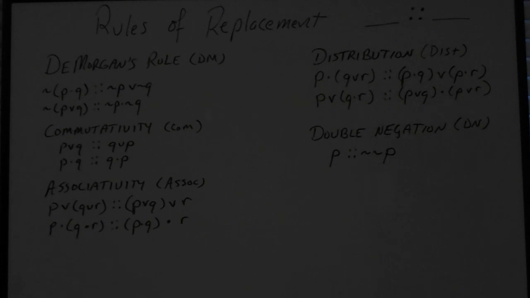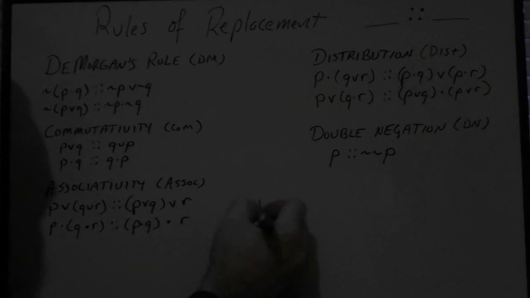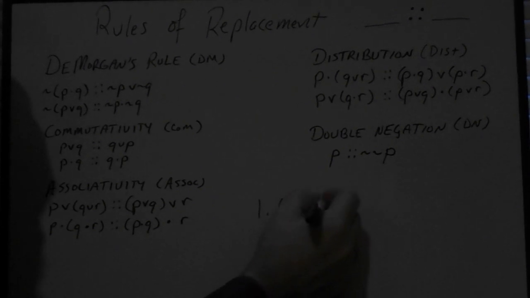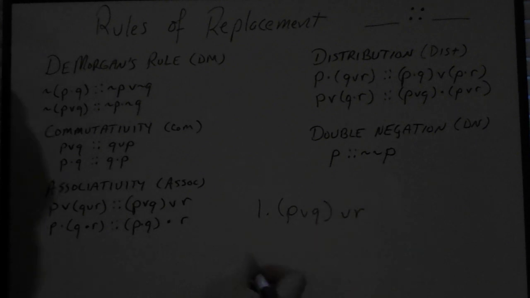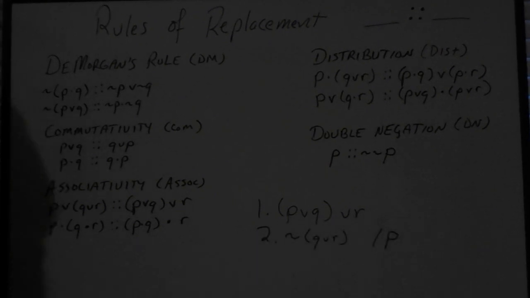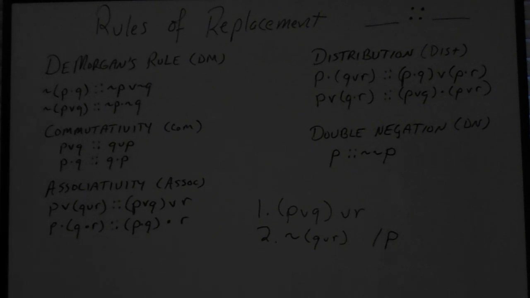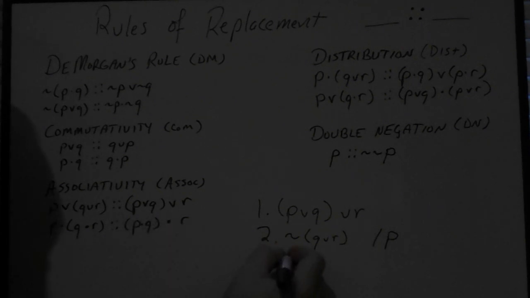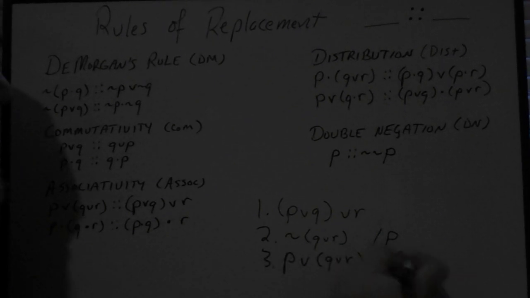So let's say we have, for example, on line 1, P or (Q or R). And then on line 2, we have not (Q or R). And we want to reach P as our conclusion. Well, again, the setup isn't right here, but if we use associativity on this first line, it becomes (P or Q) or R from 1 through associativity.